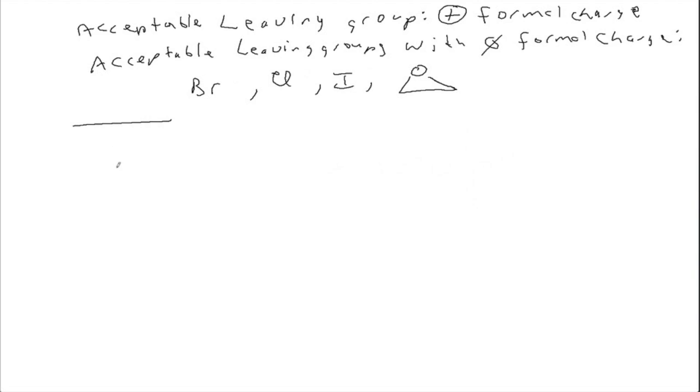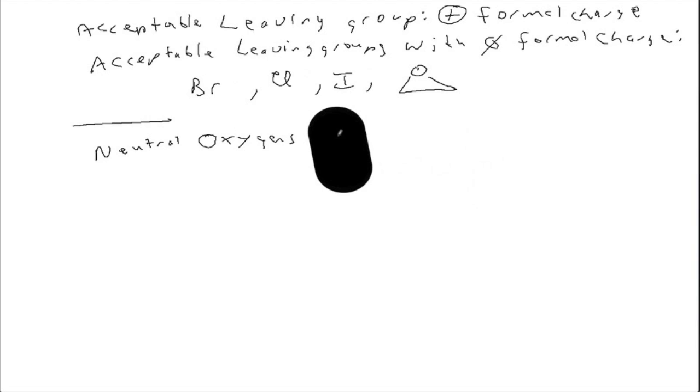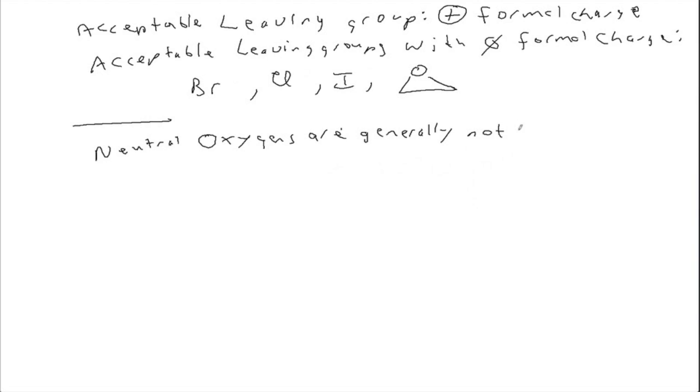So I guess oxygen is in some ways the most important element in organic chemistry. Obviously, the most common elements are carbon and hydrogen, but they're usually pretty boring. So usually if you don't have a carbon or a hydrogen, you're oftentimes talking about oxygen. So oxygen is one of the most important elements in organic chemistry, and it's very important to know its reactivity. So neutral oxygens are generally not acceptable leaving groups.